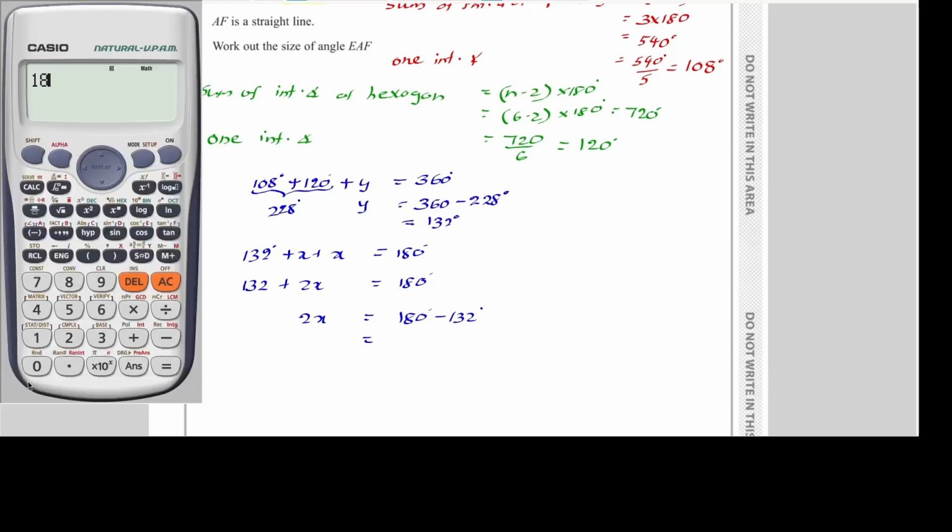Then 2x equals 180 minus 132 degrees, which gives 48 degrees. So 2x equals 48. Then x equals 48 divided by 2, which gives 24 degrees.